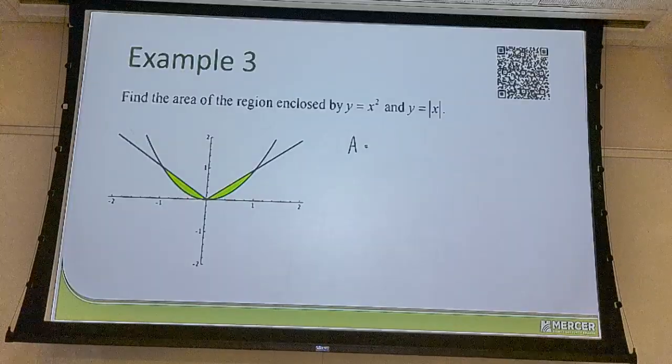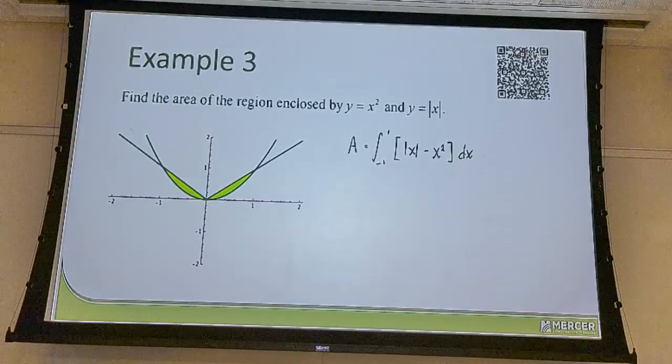So we have the integral from -1 to +1. Which one is larger? Absolute value of x. What is an antiderivative of absolute value of x?